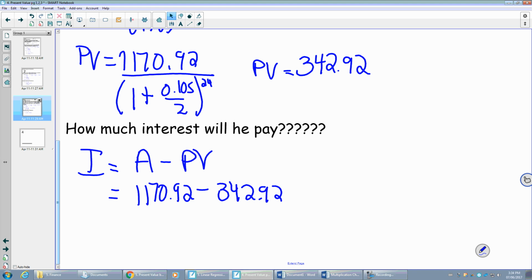So I have 1,170.92, subtract 342.92, and I get a total of $828. So that's how much interest he had to pay, which is a lot. You're only borrowing $342, but now you owe $828 plus the amount that you borrowed. So it's never really a good idea to get in debt.